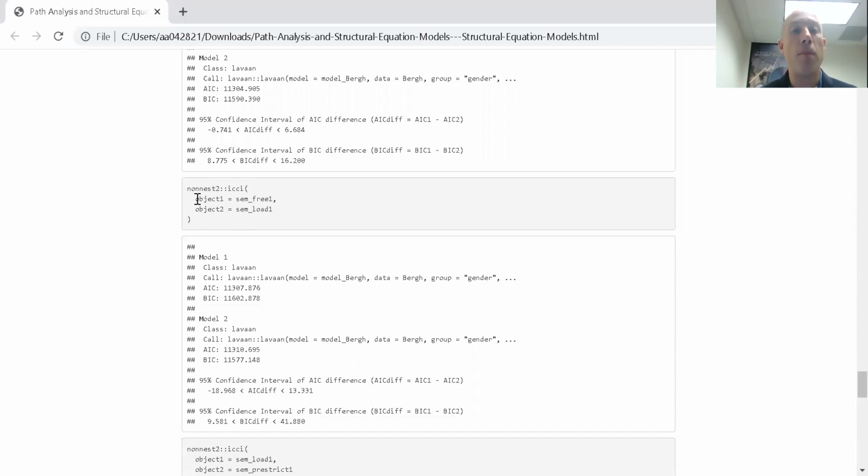Now let's compare the model where everything is free to be whatever it wants to be with the model where we have restricted loadings. Here we see that for AIC, the confidence interval contains 0, so we see no statistical difference, but we do see a difference here.